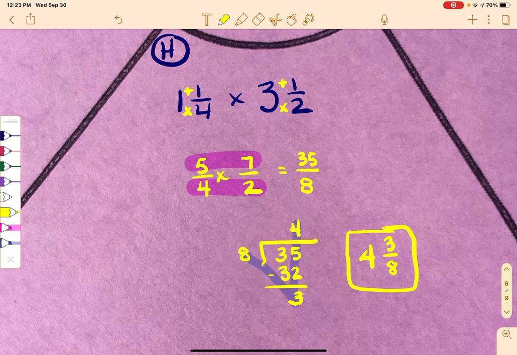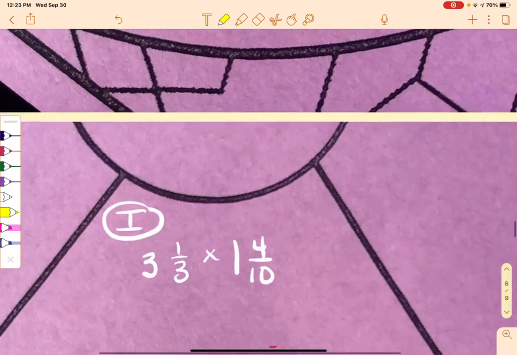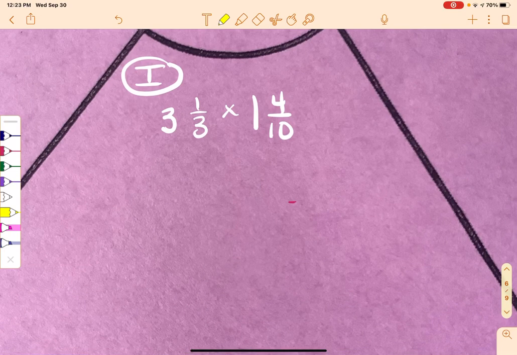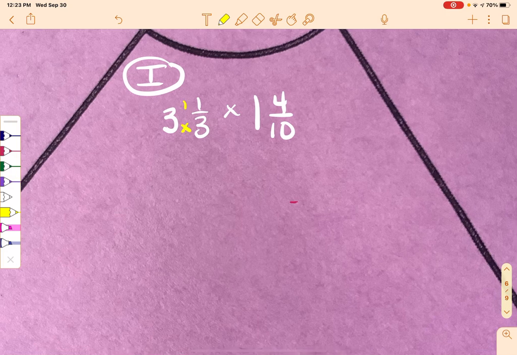Okay, last one. 3 and 1/3 times 1 and 4/10. So I'm going to go ahead and do my multiplying and adding to make these both just fractions.